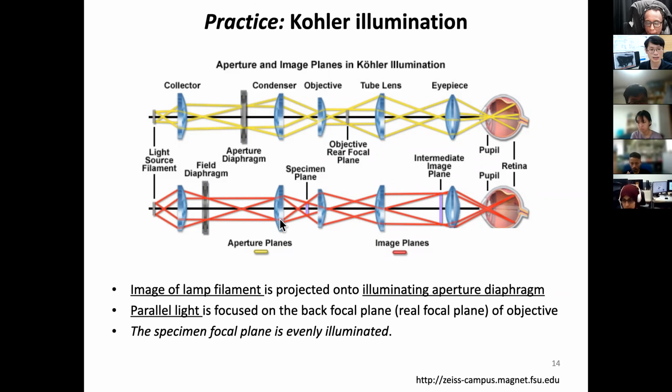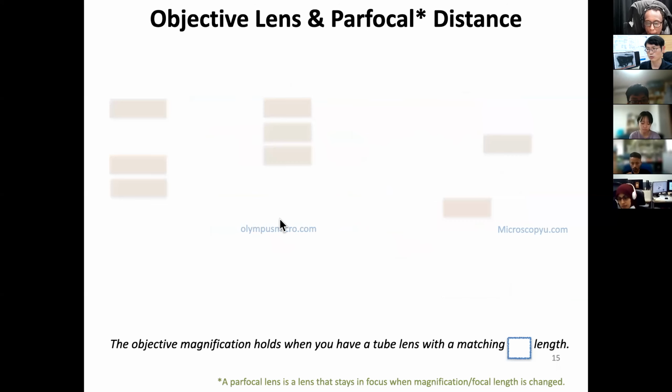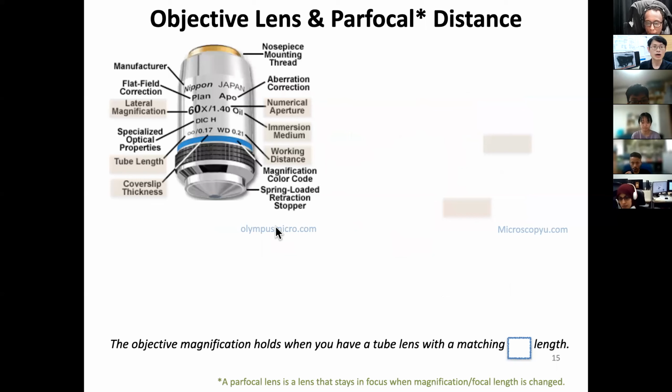So practically, when you are dealing with a microscope, this concept would be important. Now I want to go back to the objective lens again, and the concept of parfocal distance. Once you have an objective lens, I just want to highlight something basic you had better know. You already learned that Plan means a flat field correction.